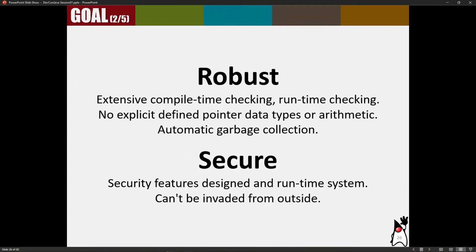Robust, you will know about how robust Java is in the coming few classes. Okay, and then it is secure. Okay, secure, what is meant by secure? When you run the code, it is highly unlikely that you can go into, for example, the memory reserved for Java and then try to hijack.